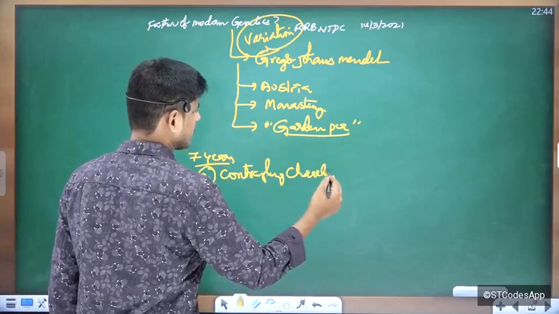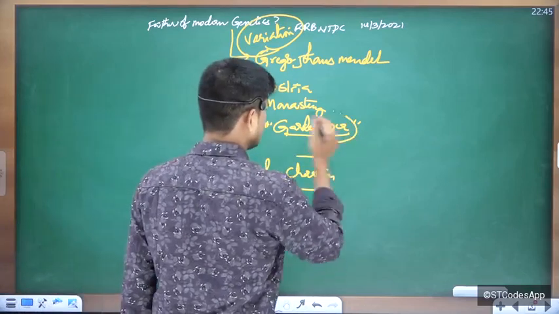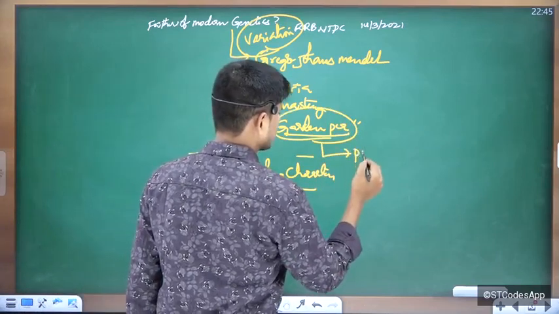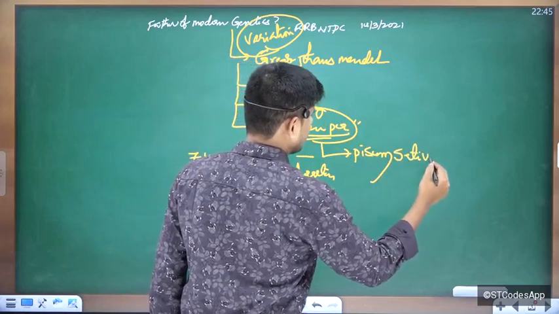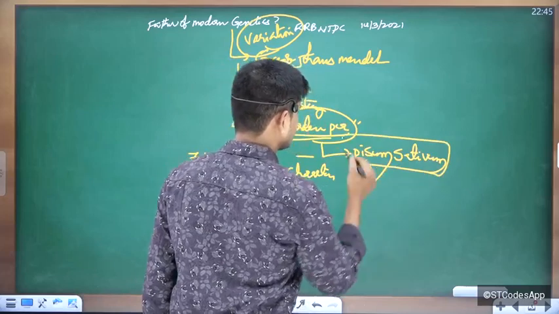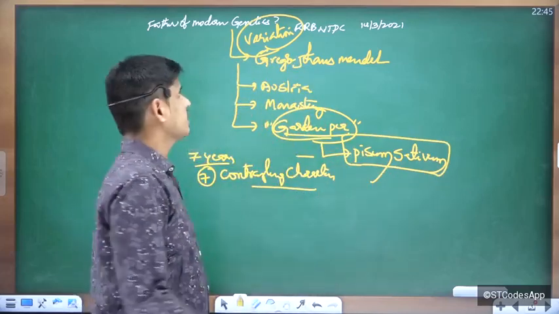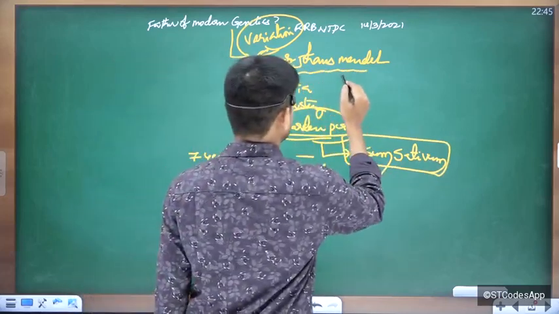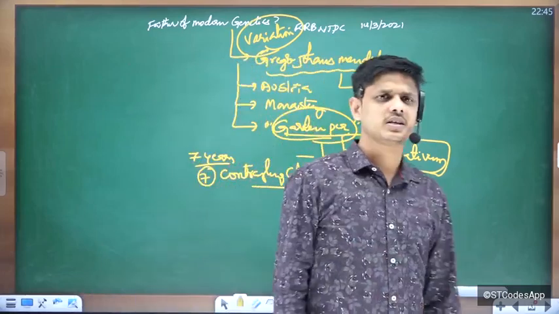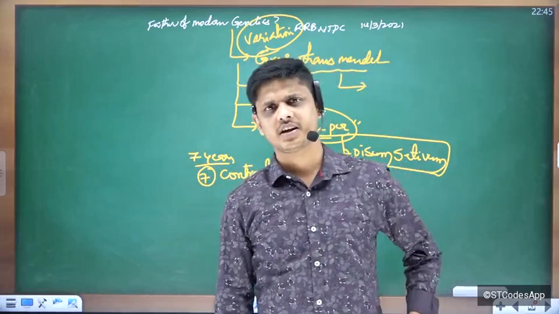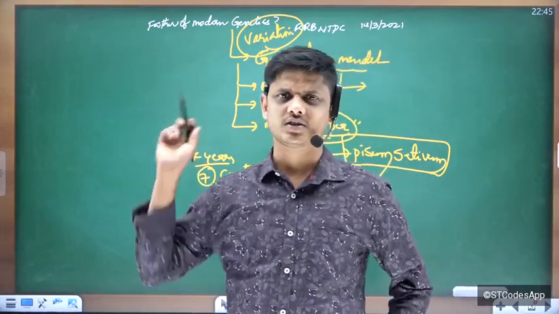The scientific name of garden pea is Pisum sativum. Gregor Mendel is often called the father of modern genetics. And let me ask you one question: who is considered as the father of genetics? Father of modern genetics is Gregor Johannes Mendel.